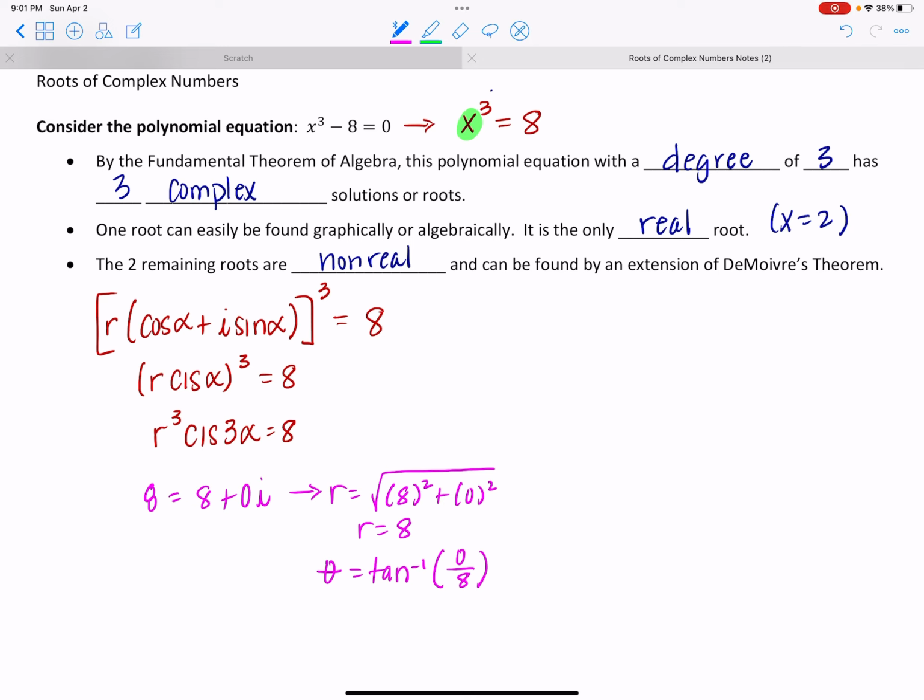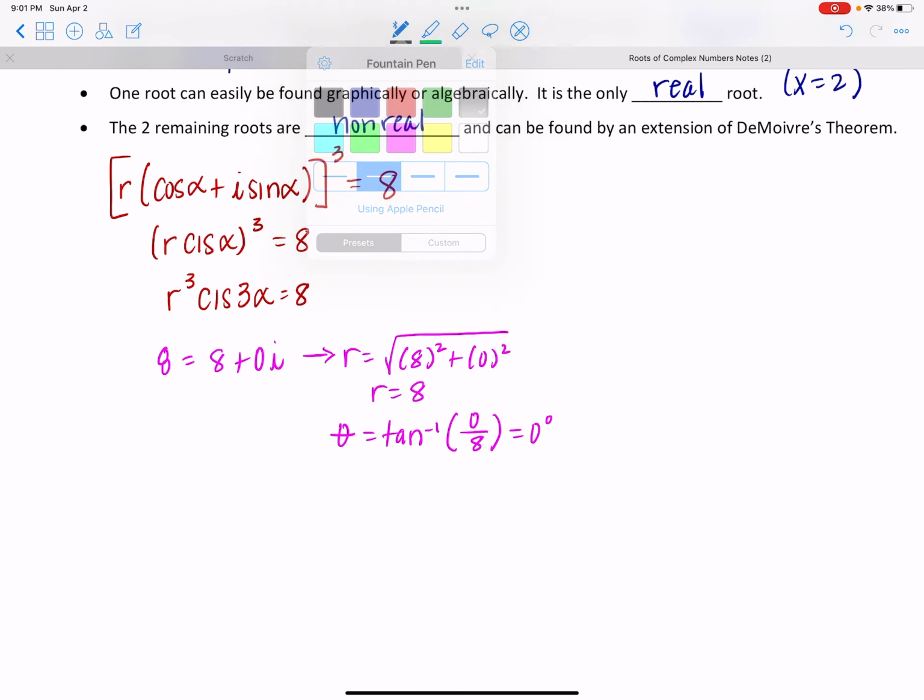So I have a tangent of 0 when my y value is 0, and y is going to be 0. And in quadrant 1, because everything's positive here, at 0 degrees. So 0 degrees, 360 degrees, really any angle that's coterminal with 0. So at 0 or any coterminal angle. So 0, 360, 720, and so on.